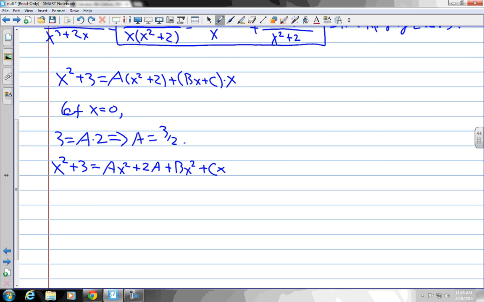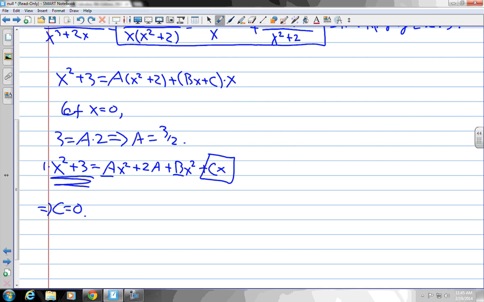I mean, right away, we see what c has to equal. What does c have to equal? 0. Why is that? There's the only thing that has x on the right, and there's nothing with x on the left. So right away, c equals 0. And you also realize that a plus b has to be 1.